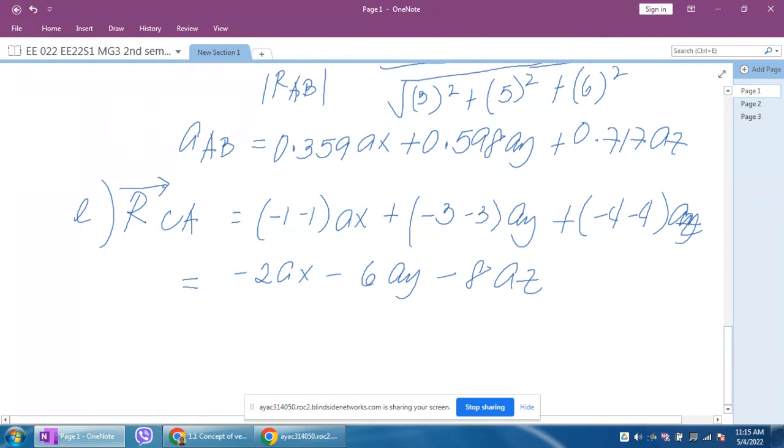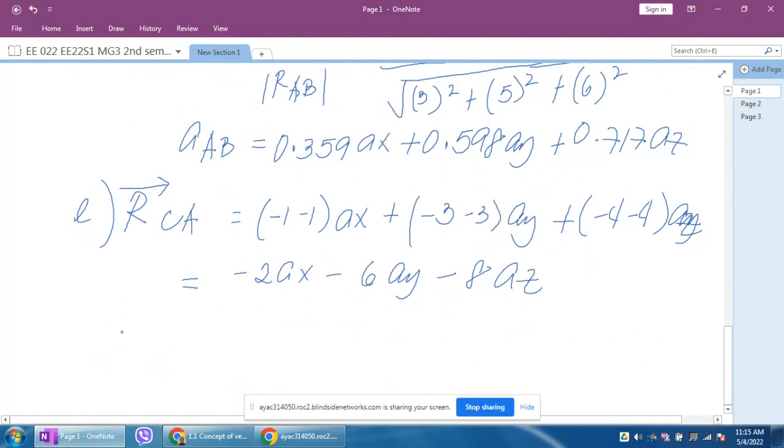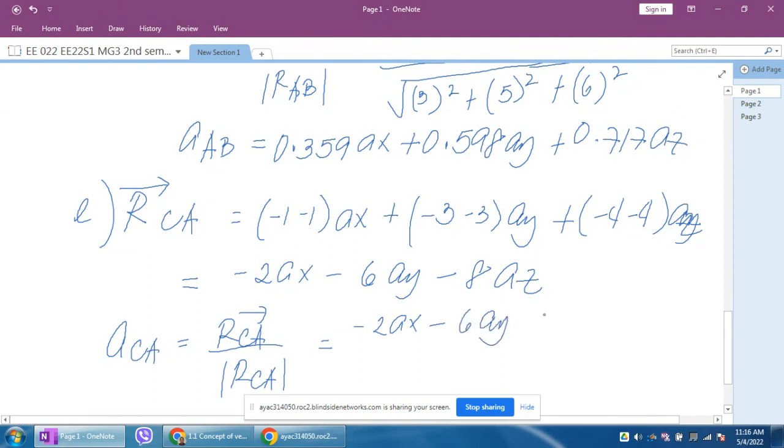So para makuha ko po yung unit vector at the direction of CA, saka po gagamitin yung formula na ito. RCA over the magnitude of RCA. Ayan. Saka lang po siya masosolve. So you have here -2AX minus 6AY minus 8AZ all over.